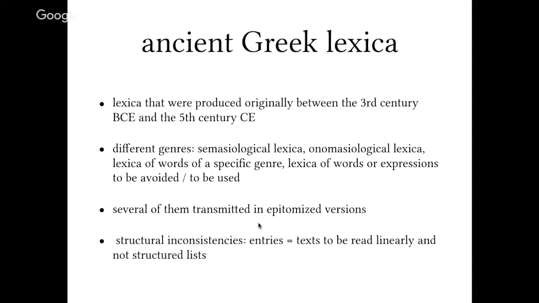Even in epitomes, where many things are left out, the structures imply that the epitomator is actually thinking in terms of a linear text that is structured with the proper syntax of an ancient Greek text and not in terms of a list of words.